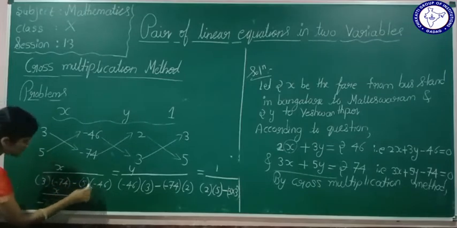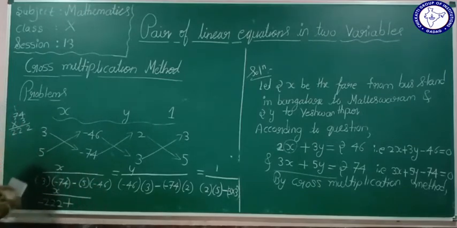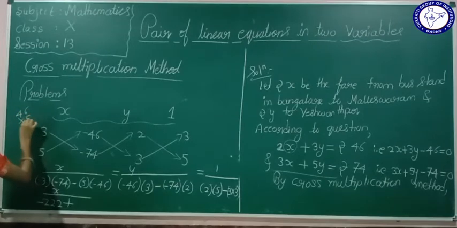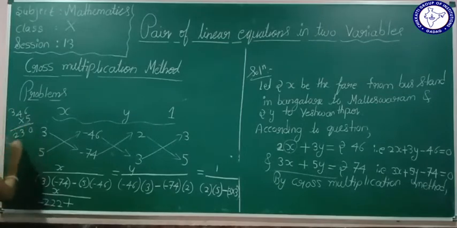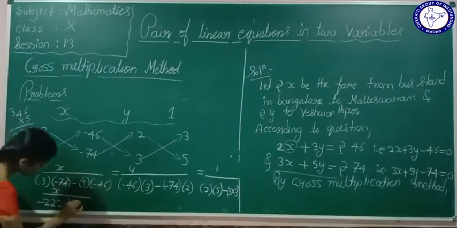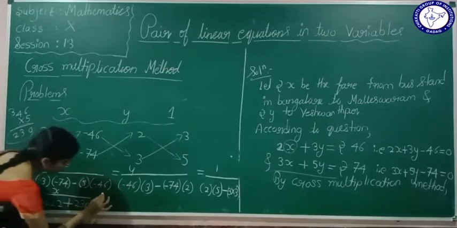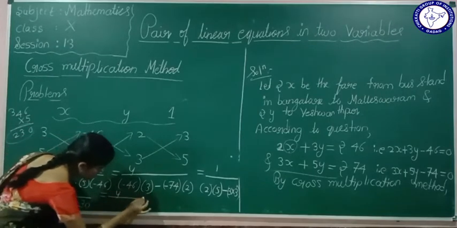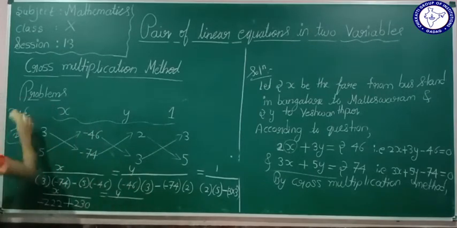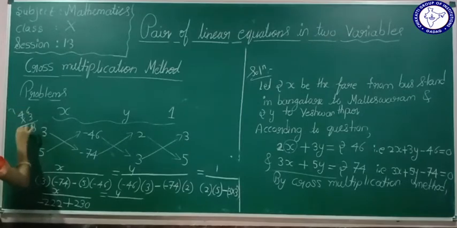Okay, minus minus is what, student? Plus. What is 46 5s? 46 5s, 6 5s are 30, 5 4s are 20, 20 plus 3 is 23. It will become 230, equal to y. What is 46 3s? 46 3s, 6 3s are 18, 4 3s are 12, 12 plus 1 is 13.